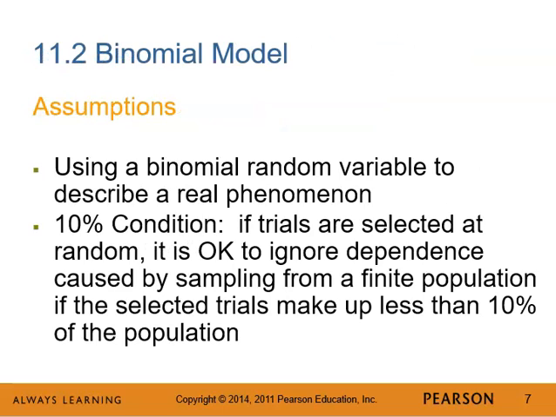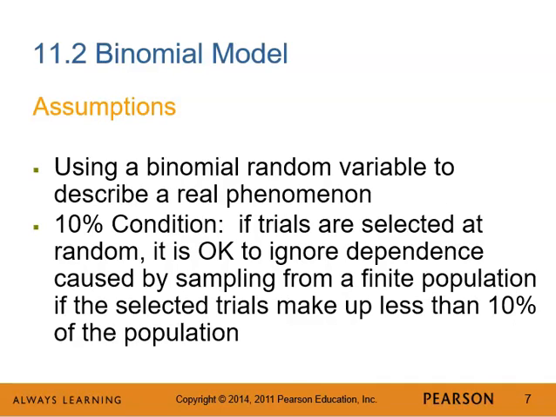We have an assumption when we're using a binomial random variable to describe a real phenomenon, called the 10% condition. It says that if trials are selected at random from a finite collection, it is okay to ignore dependence caused by sampling a finite population if the selected trials make up less than 10% of the collection.